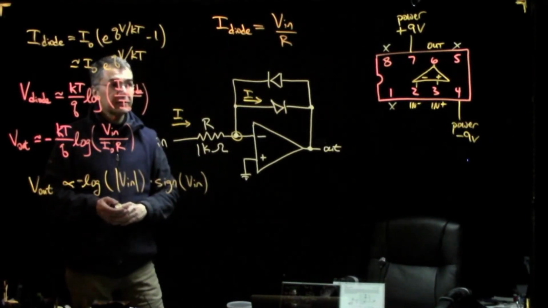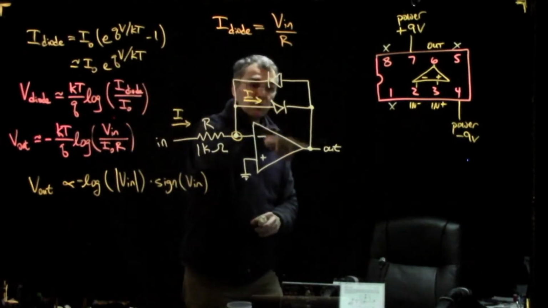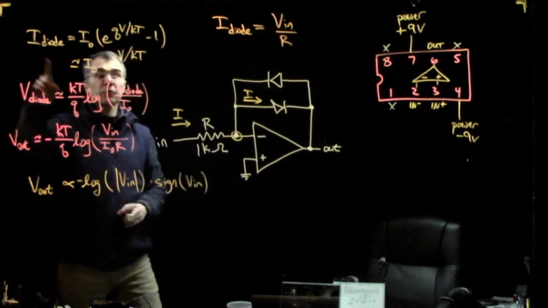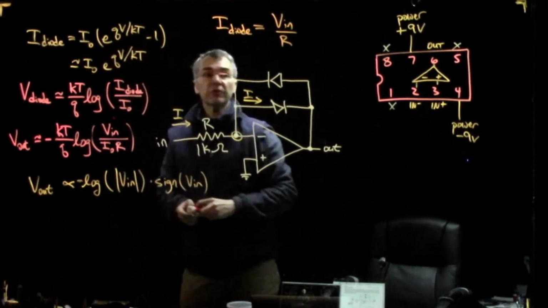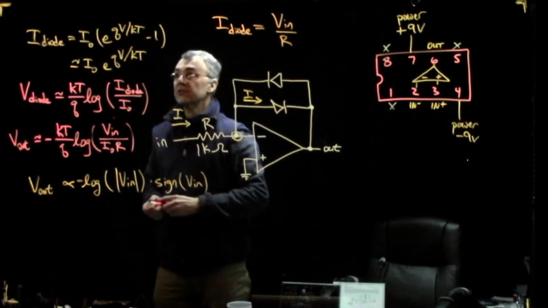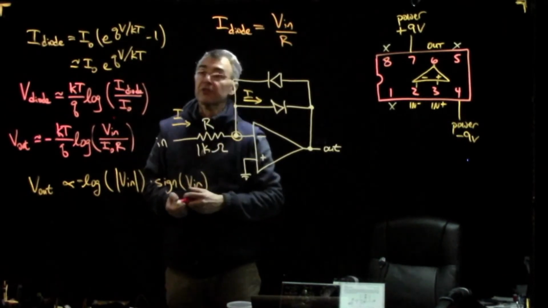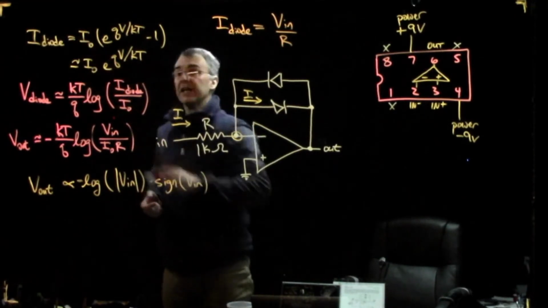So the question is, if this current flows through here, what is V out? Remember that for a diode, the current is an exponential function of the voltage across the diode. In particular, you have this quantity called I saturation.